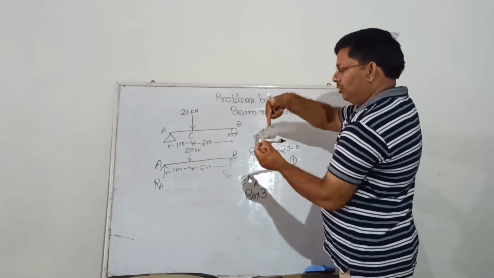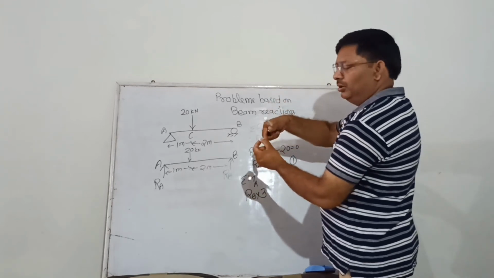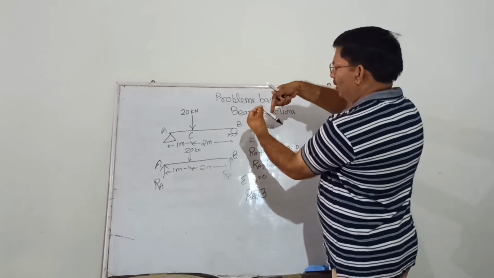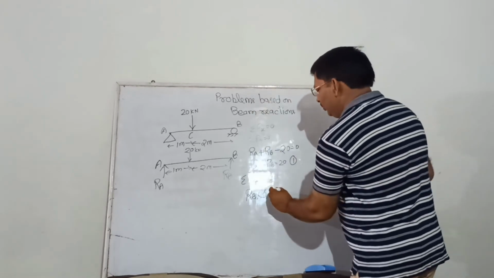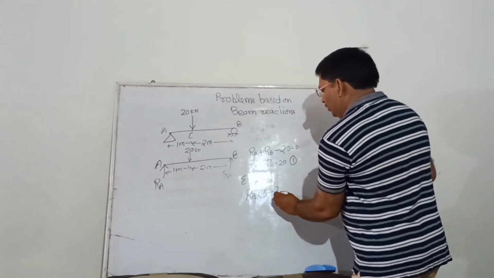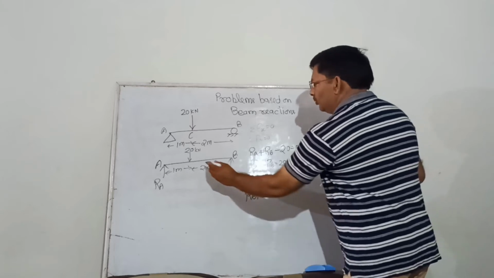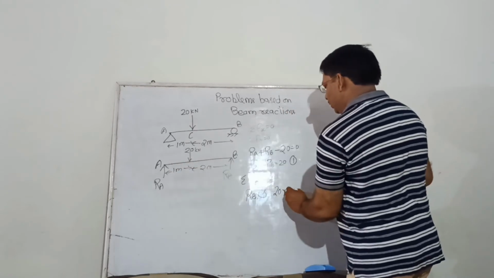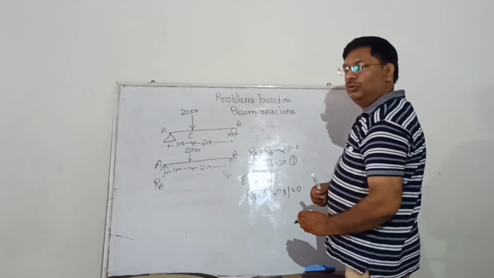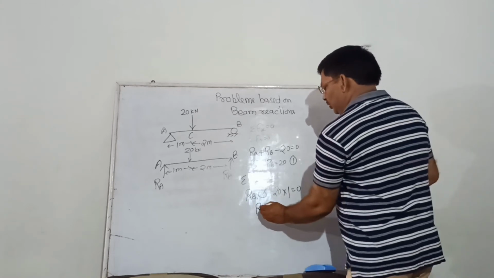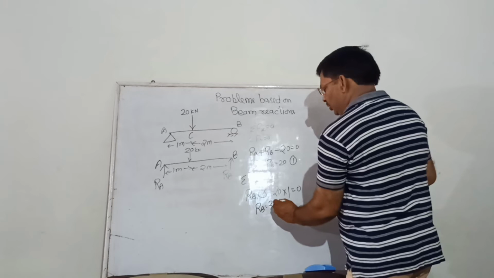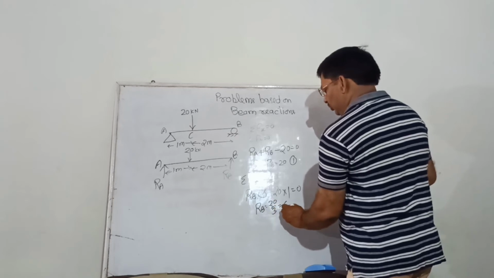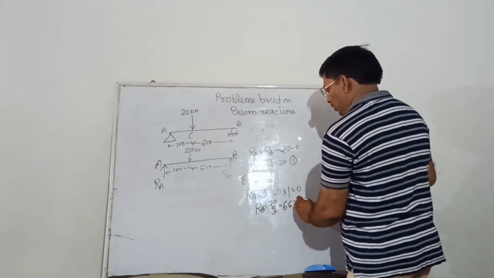Now this 20 kilonewton load will try to rotate the beam in clockwise direction. So the moment will be taken as negative. Moment will be force multiplied by perpendicular distance up to point A, that is 1. This is equal to 0. So in this way you can find the value of RB as 20 by 3, that is 6.67 kilonewton.